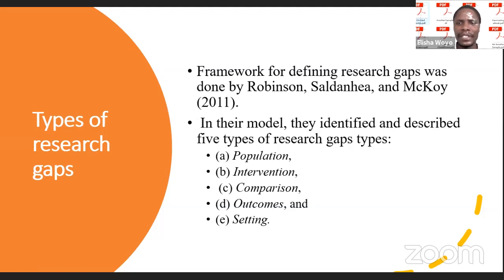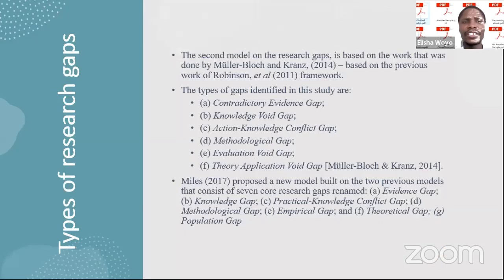Those were their early issues around the research gap, in terms of how it can come out. So it's about population, intervention, comparison, outcomes, and settings. And for you to get this message across, you should be able to read.